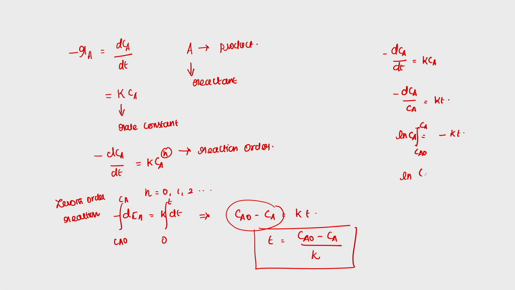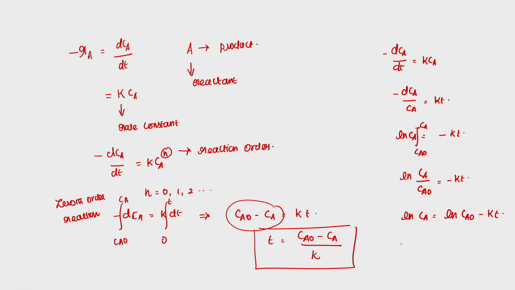So, ln Ca upon Ca naught is equal to minus kt, or ln Ca is equal to ln Ca naught minus kt.